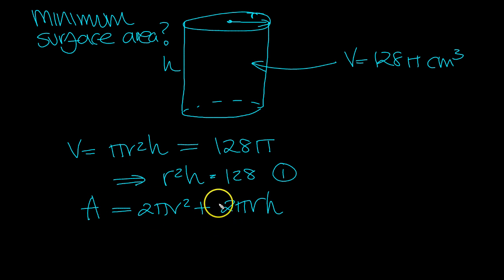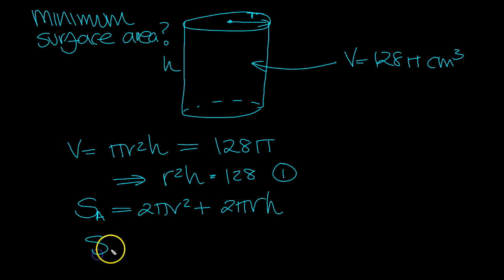Okay, so that's the area, and we want when the surface area is a minimum. Instead of writing it as area, I'm going to write that as S subscript A to denote the surface area. So let's get S_A as a function of one variable. We can get rid of h, can't we?